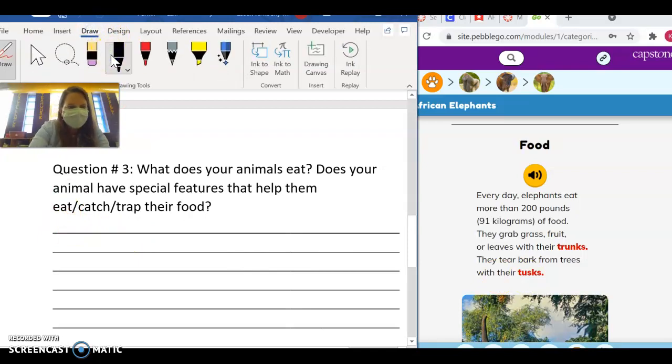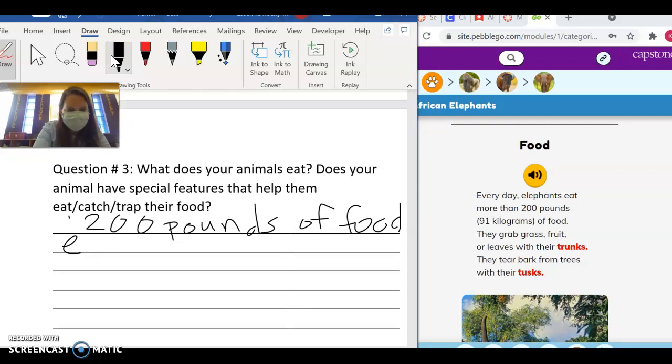All right, so the first thing I'm going to write is that they eat 200 pounds. So guys, that's like eating Mr. Marenson, okay? They eat Mr. Marenson in a day. So 200 pounds of food every day.